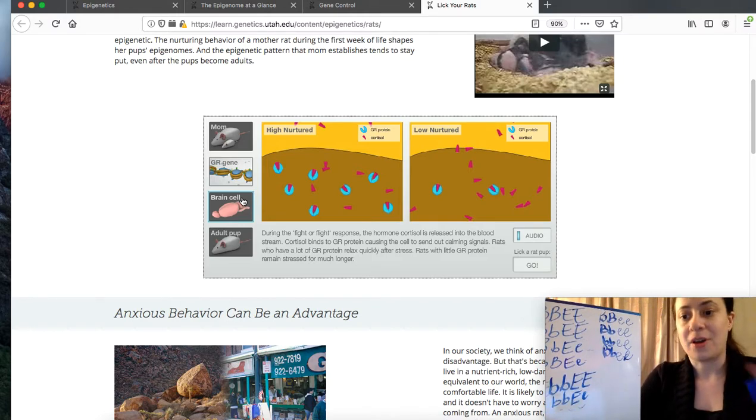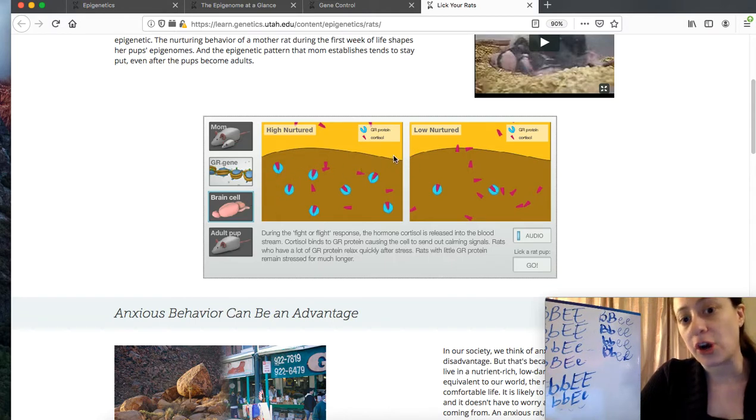The mother, who was taking care of and nurturing the rat pups, actually influenced the expression of the GR gene. As that was changed, the GR gene in this case affected how much of the GR protein, this blue thing right here, was made.